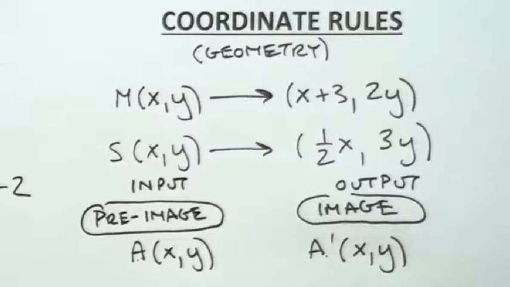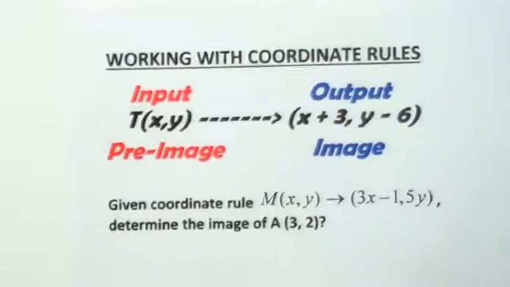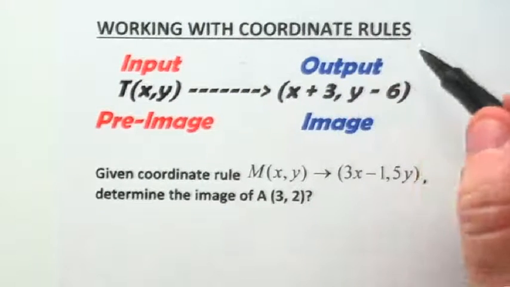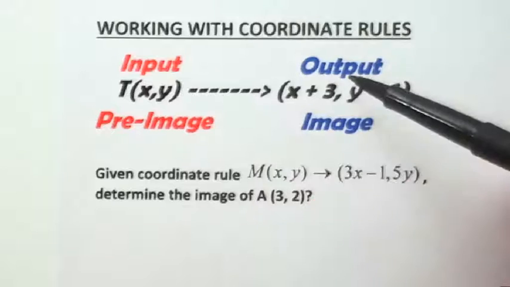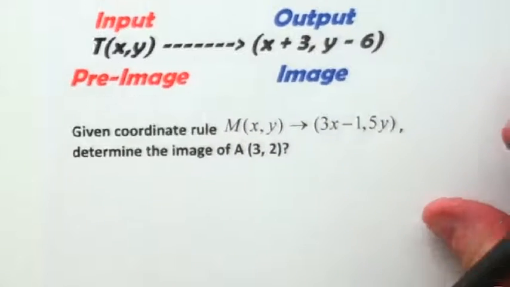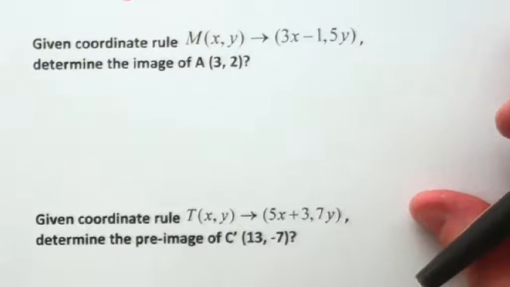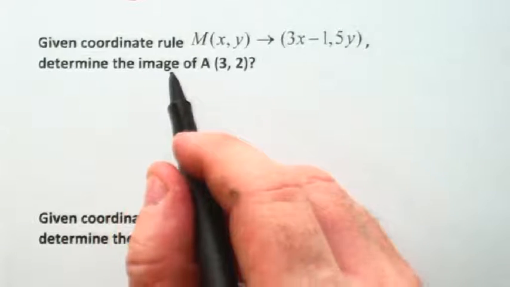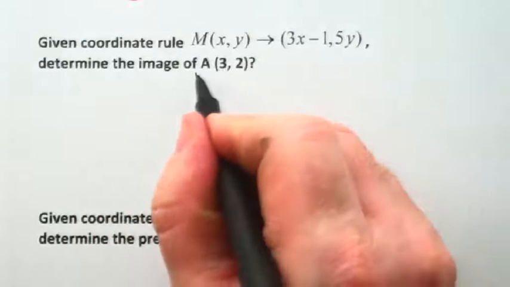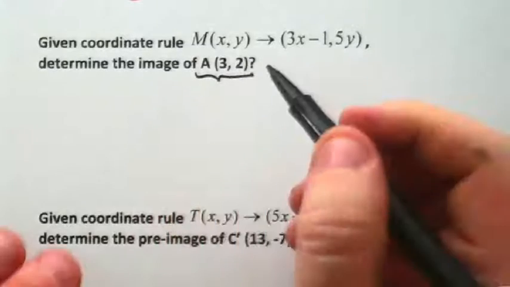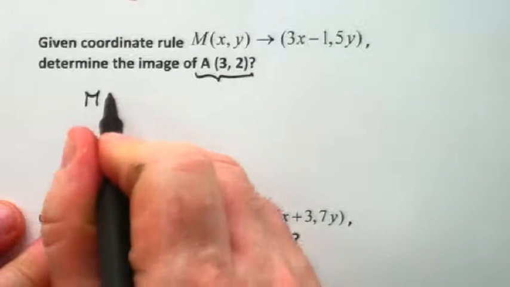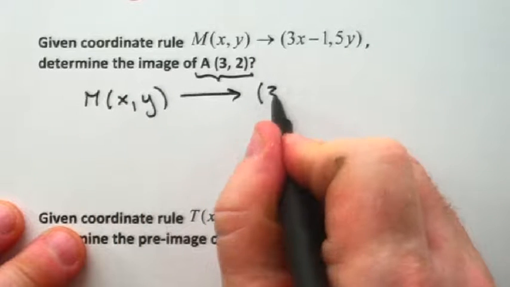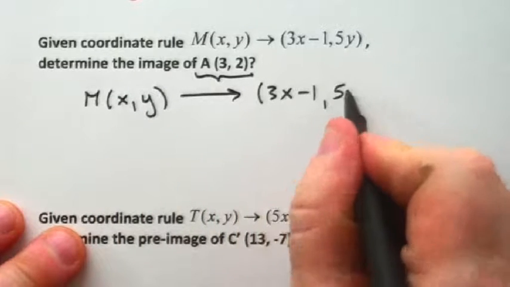So let's see how these are very similar to functions. So working with the coordinate rules now, again, input, output, pre-image, image. Let's try one of these. So here it says, here's the rule, and it says determine the image. So here is the pre-image. Here is our mapping, our coordinate rule, (3x minus 1, 5y).